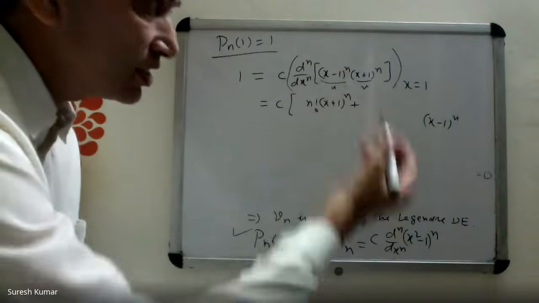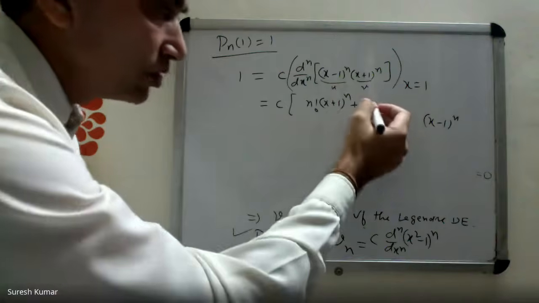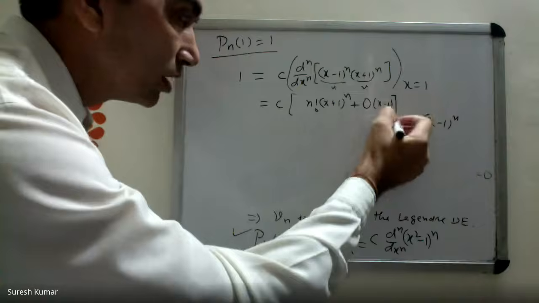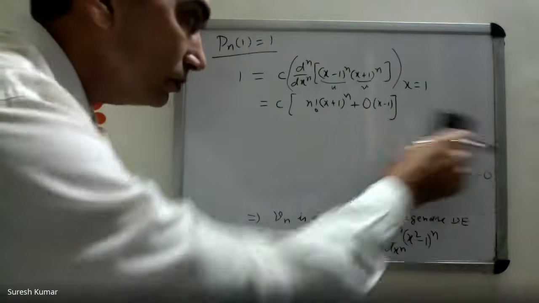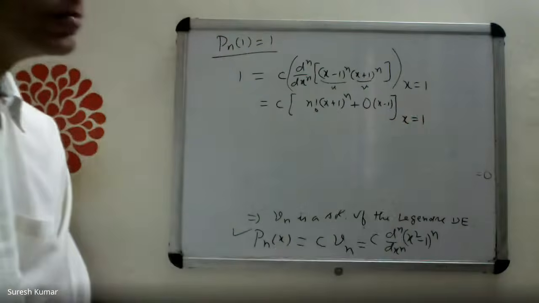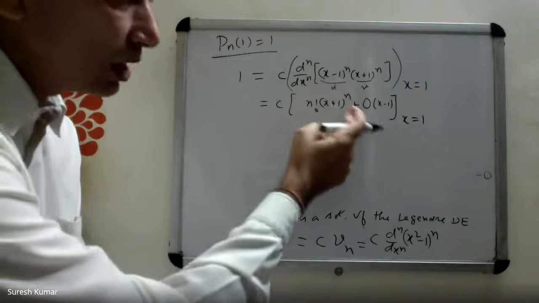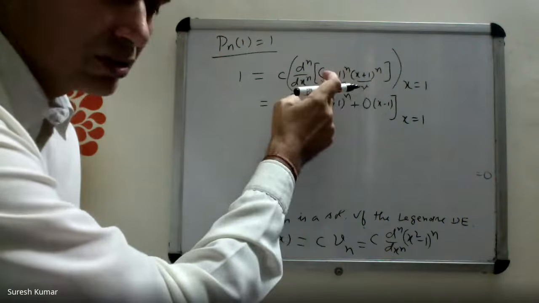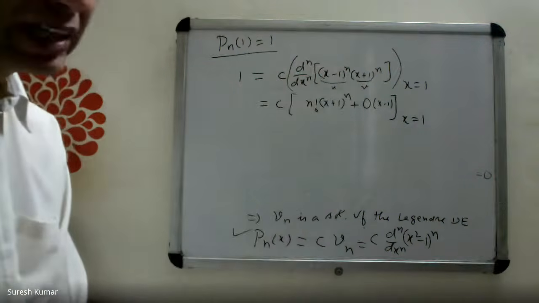Next, nC1 and so on you will write, but all the terms will carry the factor (x minus 1). Am I right? Because after this step, you will write the (n minus 1)th derivative of this, and that will certainly carry the factor (x minus 1).